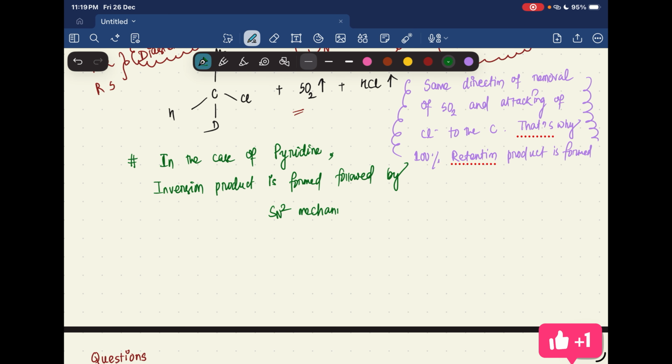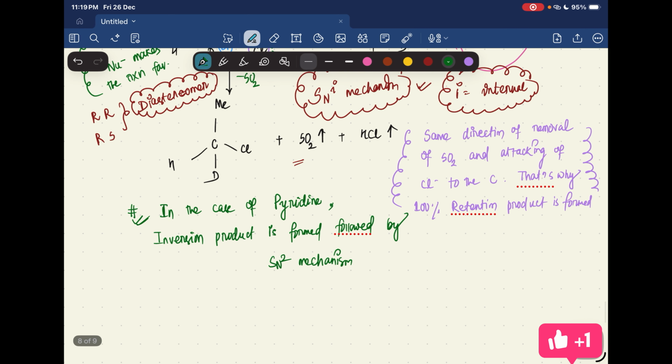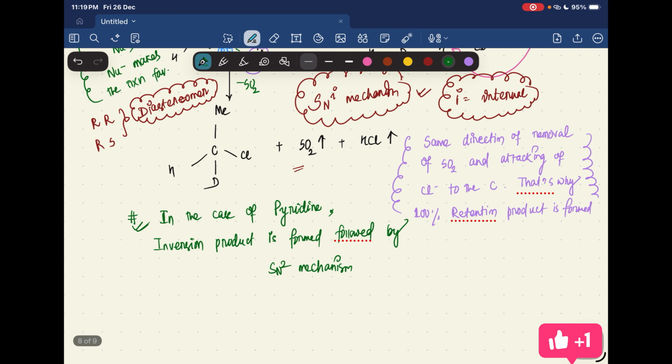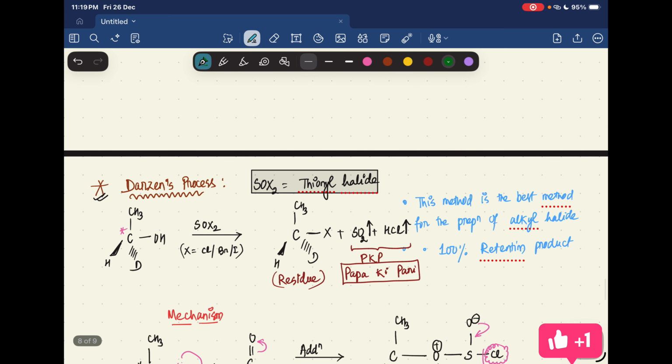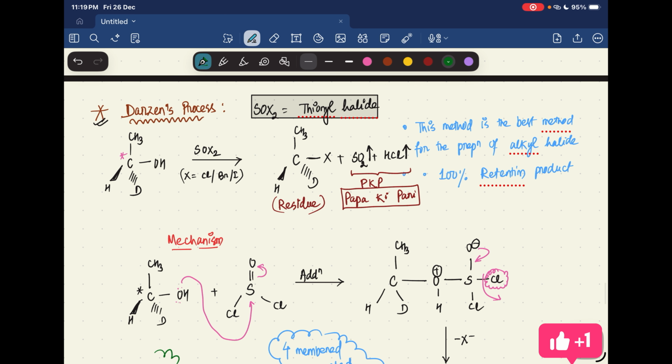It will be no longer SN1, it will be SN2 mechanism. So this is a very important point we have to keep in mind. So in the case of pyridine, the inversion product is formed followed by SN2 mechanism. This is the thing we have to keep in mind, and this is all about the Darzens process.